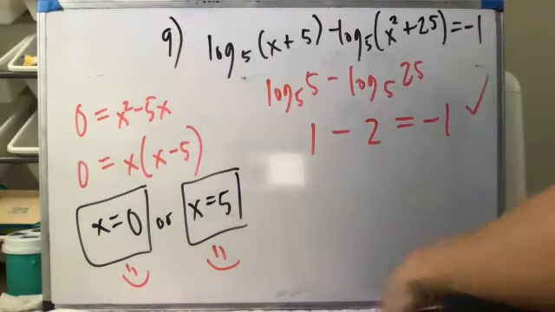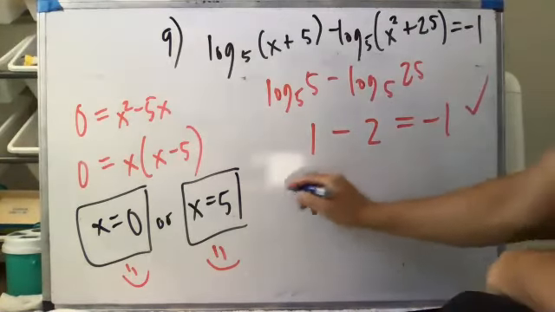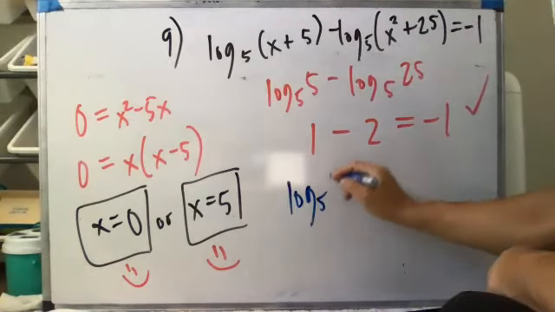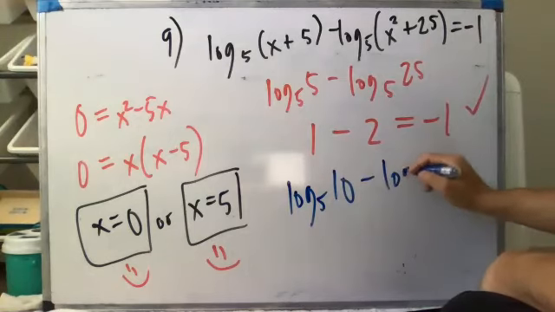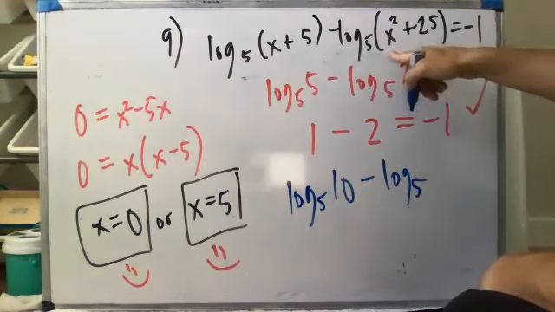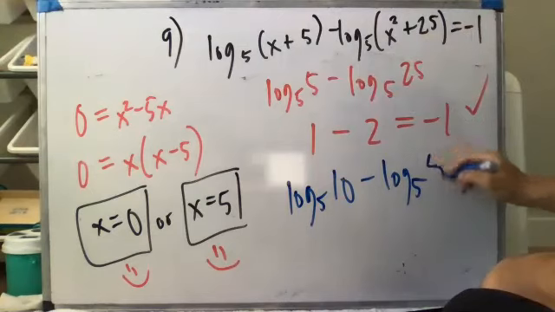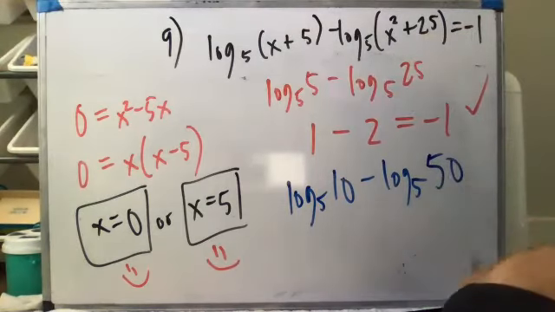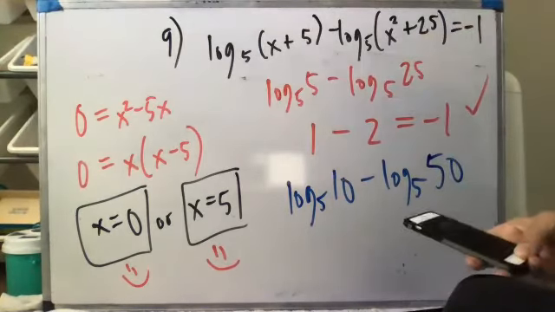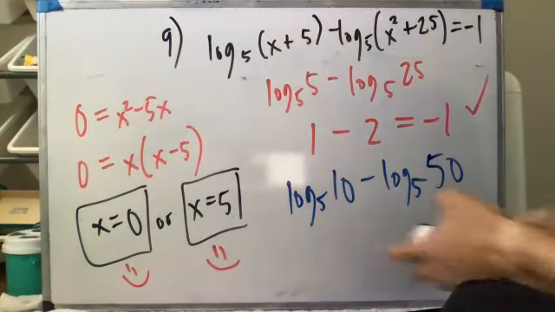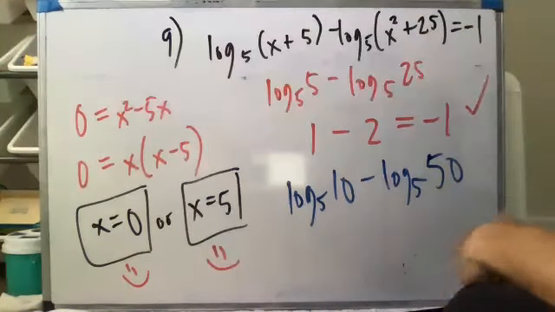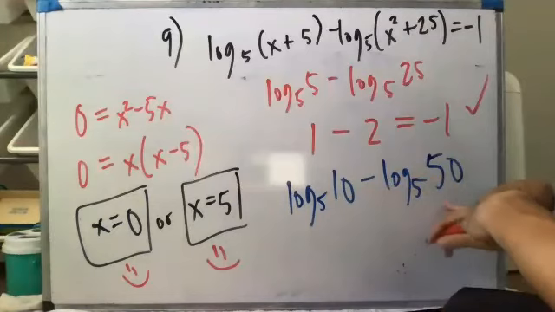If I plug in 5 on the other hand, I get log base 5 of 10 minus log base 5 of 5 squared, which is 25, plus 25 is 50. In order to plug this into the calculator, I want to combine to a single log.